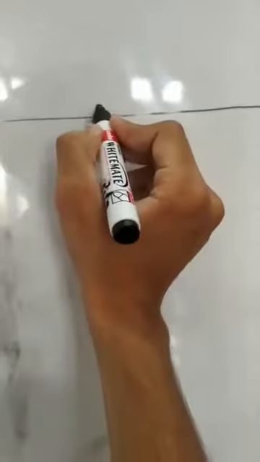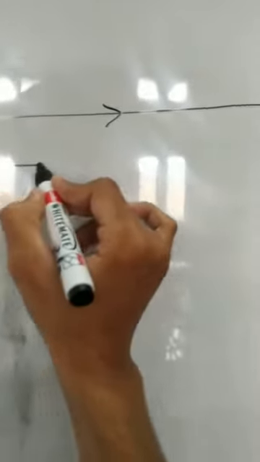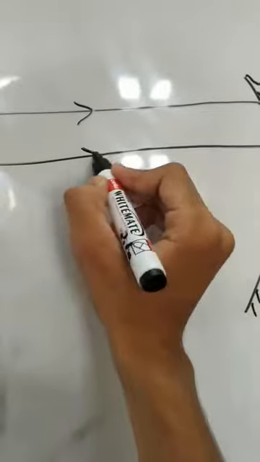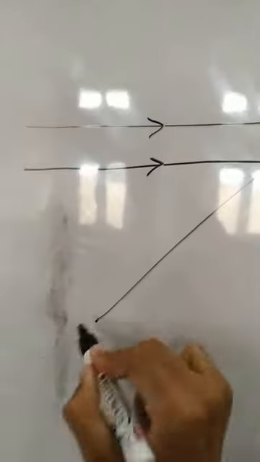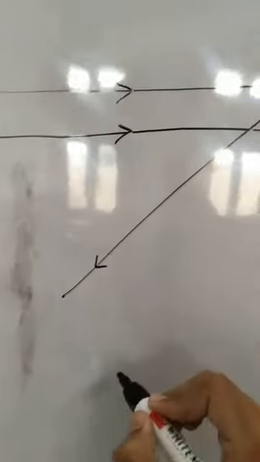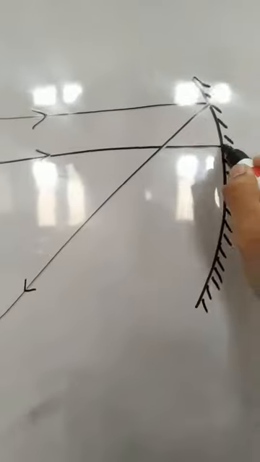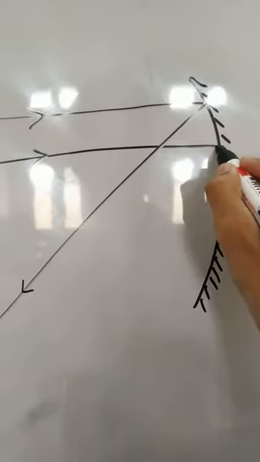So these are incident rays. When these rays come after reflection, this is the reflected ray. This is incident and this is the reflected ray.